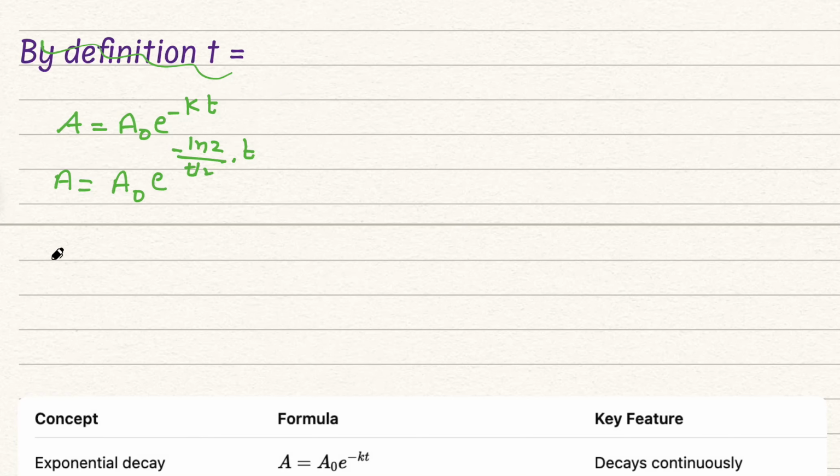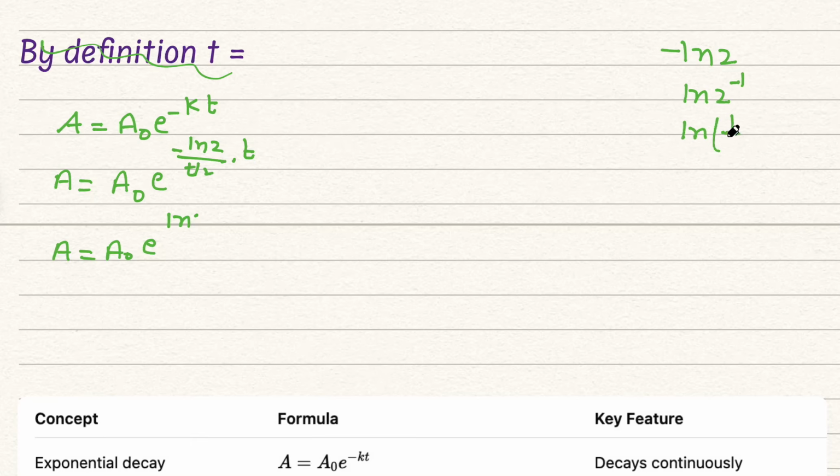Now, A is equal to A naught e to the power. Again we will apply the formula: natural log of 2 raised to the power negative 1 is natural log of 1 by 2.